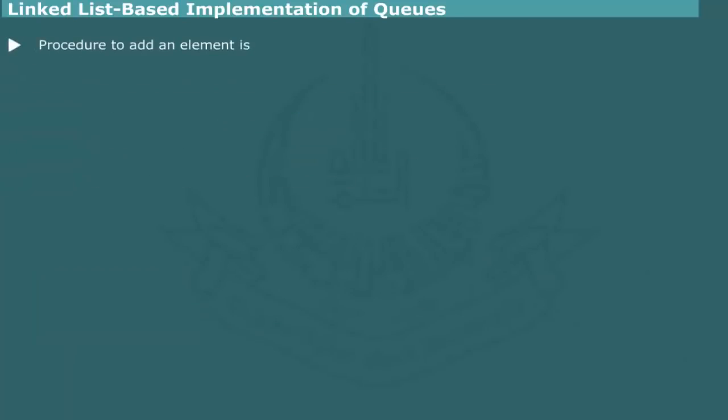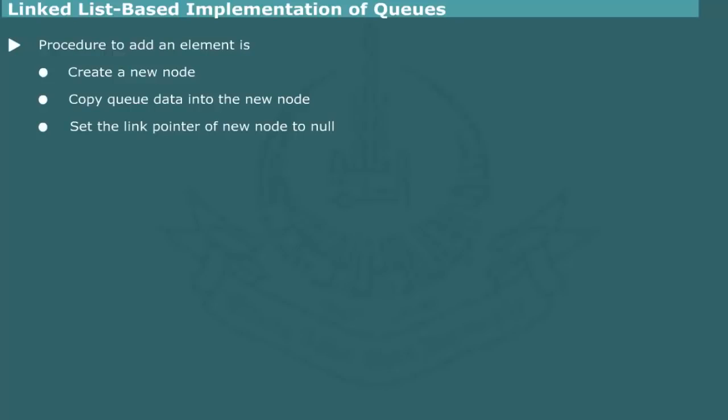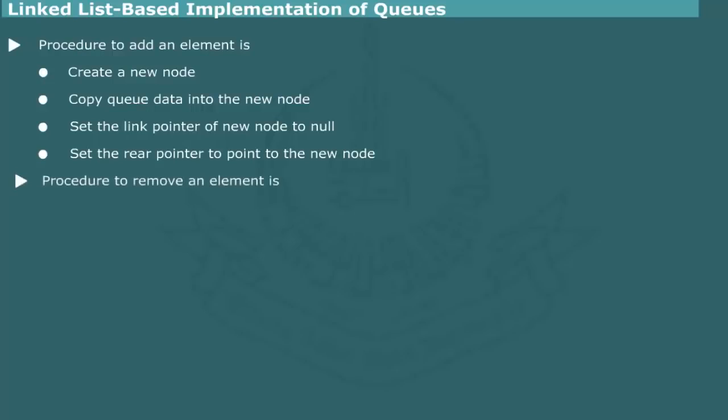To recapitulate, in order to add a new element to the queue, we create a new node, copy the queue data into the new node, set the link pointer of the new node to null, and set the rear pointer to point to the new node.